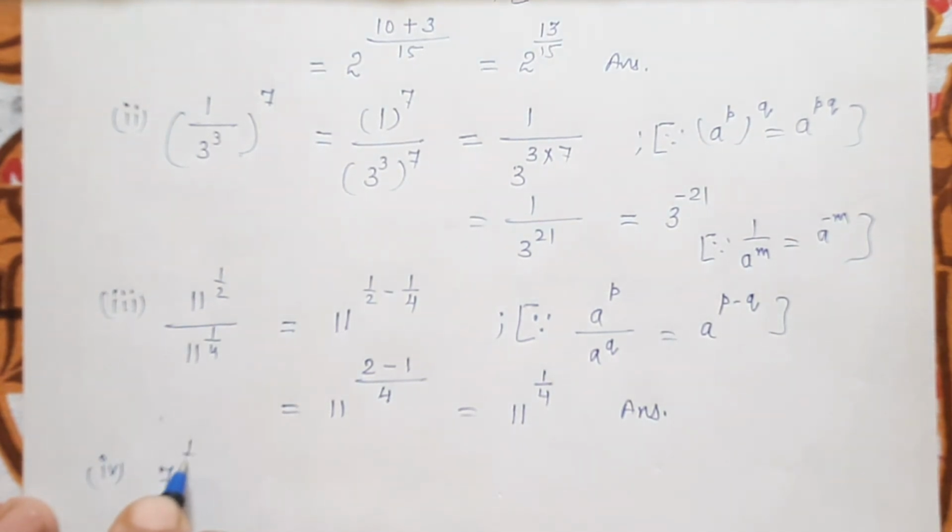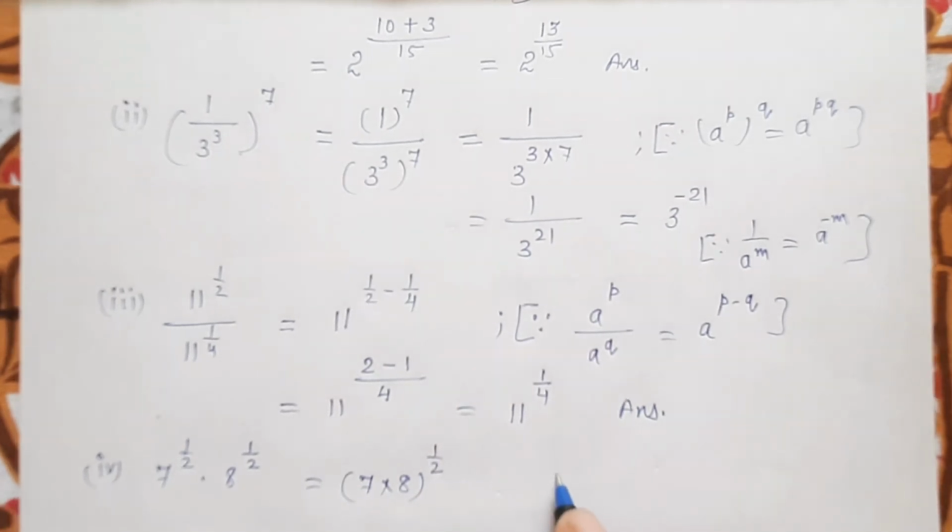Now the fourth part, 7 raised to power 1 by 2 into 8 raised to power 1 by 2. Here since bases are different but powers are the same, we'll multiply 7 and 8 and keep the power 1 by 2 only.